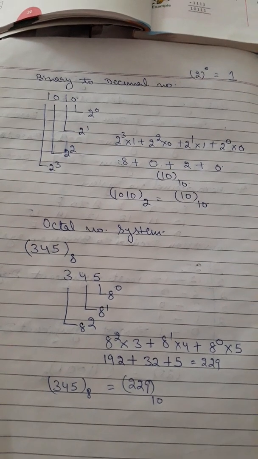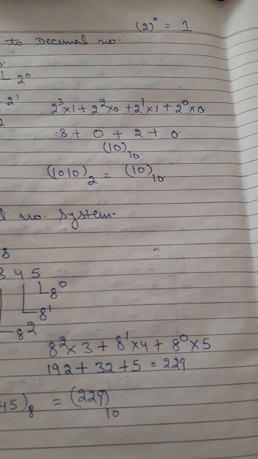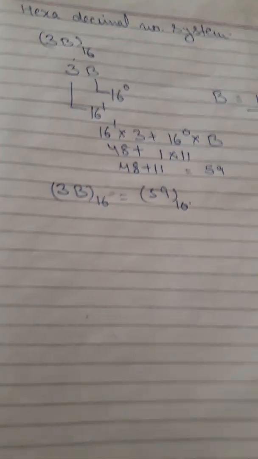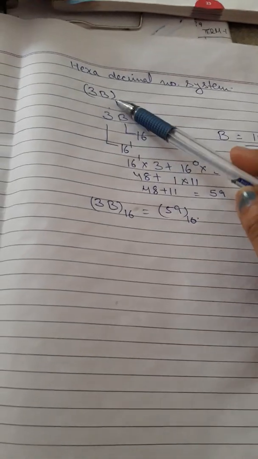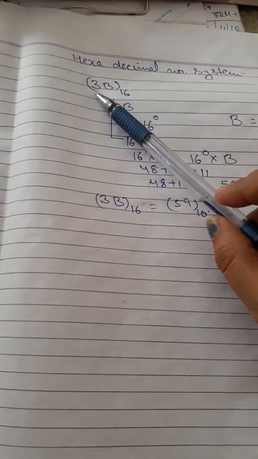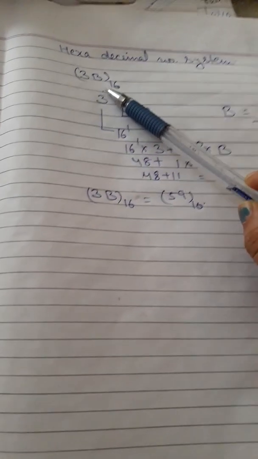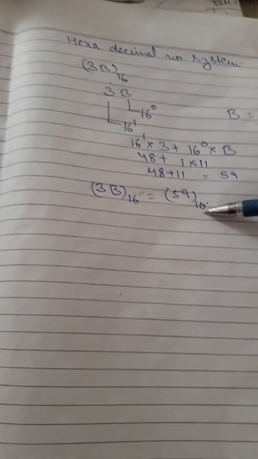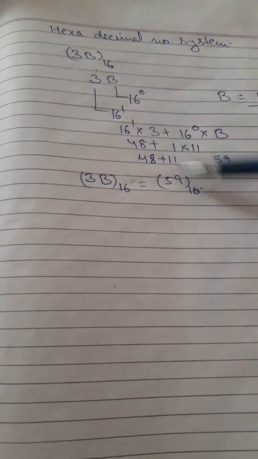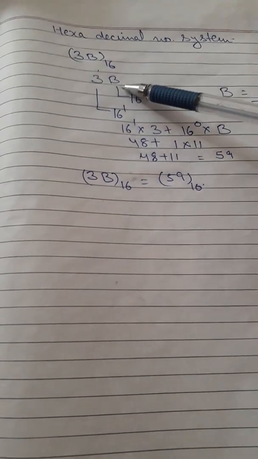Next is hexadecimal number system. In hexadecimal number system, here is given you question 3B base 16. You have to convert this into your decimal number system. Okay, then 3B. First this is our B for digit 11.